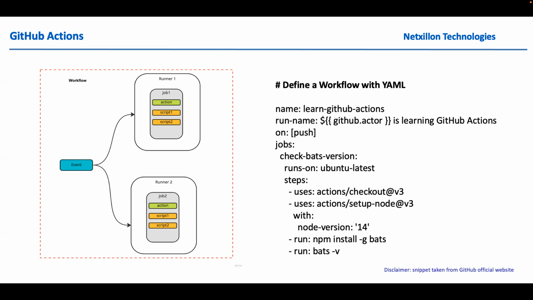A job can have multiple steps, or we call them actions. It can execute scripts. It can do installations, let's say an npm install. So we can execute any bash scripts. But the important thing to keep in mind is there will be only one job per runner.